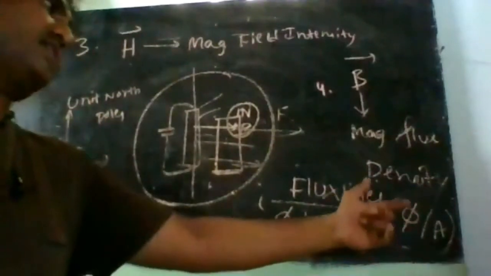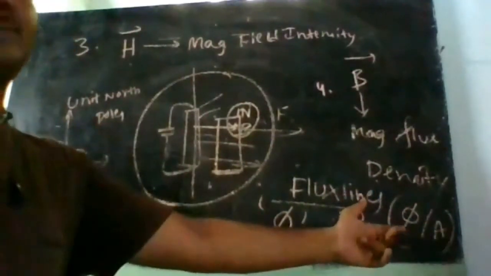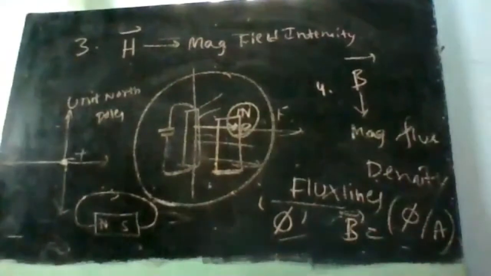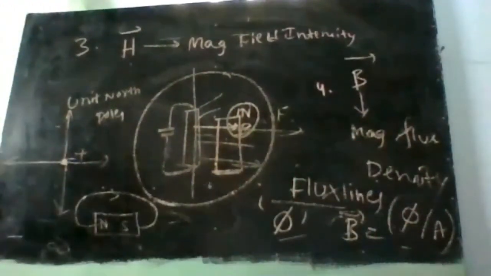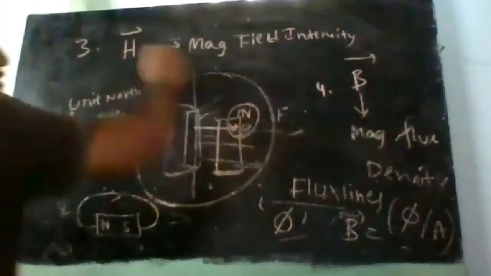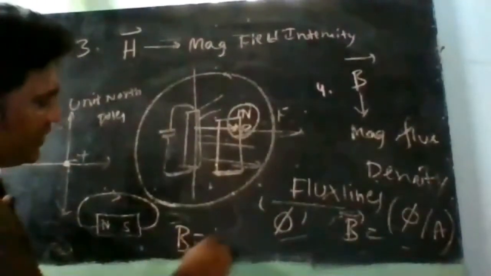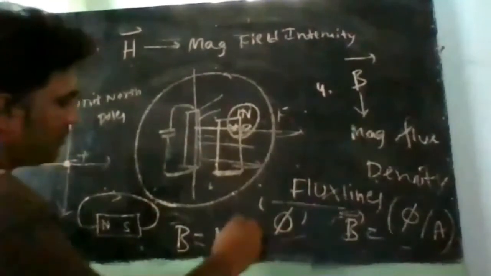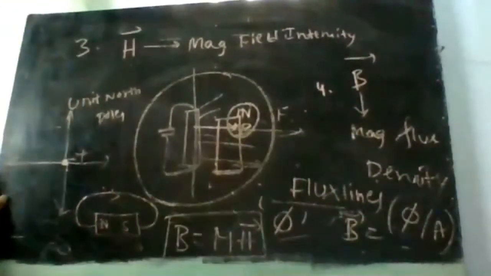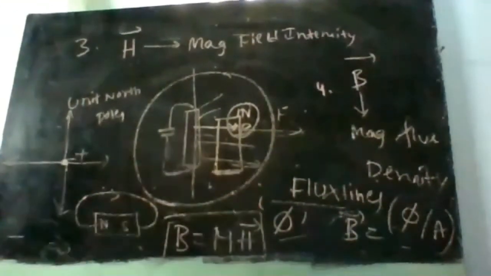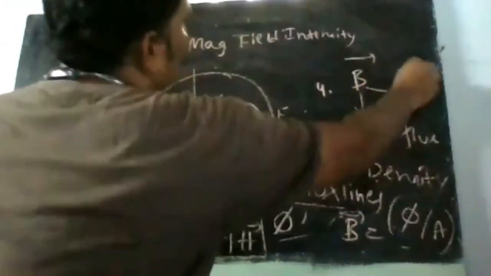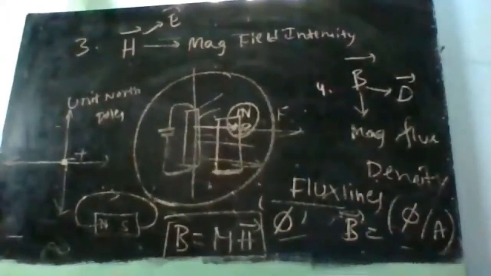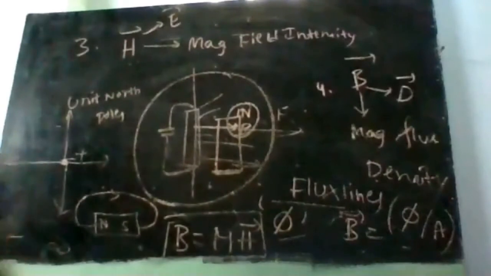So if the total flux lines is phi and the area is A, then B bar is equal to phi by A. B bar and H bar are related by the formula B bar is equal to mu H bar, same as D bar is equal to epsilon E bar. So H bar is equivalent to E bar, and B bar is equivalent to D bar.